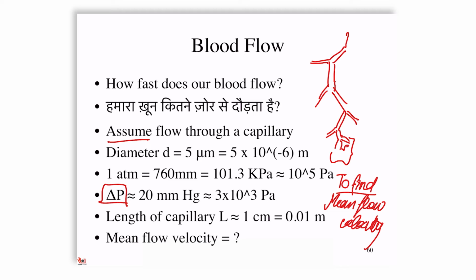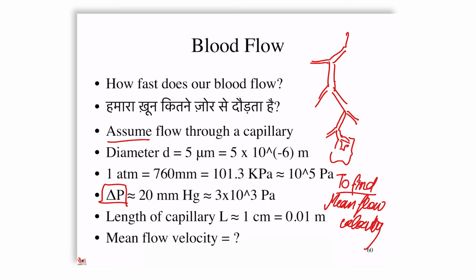Now, usually the medical methodology of measuring blood pressure, again, many of you have been to a clinician, you know that they use a mercury readout in terms of column height of mercury. And the pressure of the atmosphere used in barometers is 760 millimeters. That corresponds to 1 atmospheric pressure at sea level. 760 millimeters corresponds to 10 to the power 5 Pascal. That is 101.3 kilopascal.